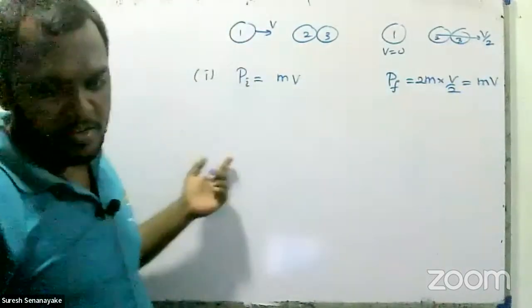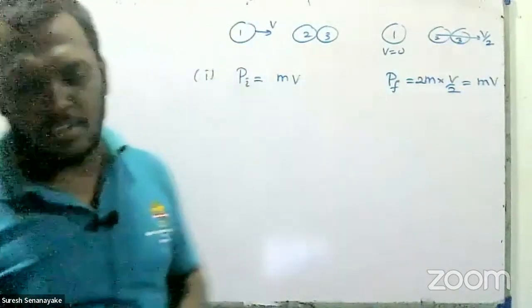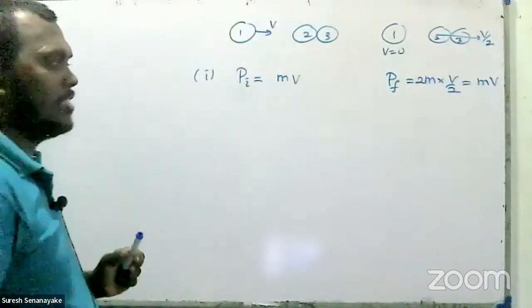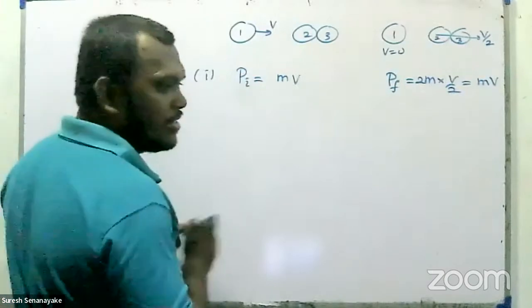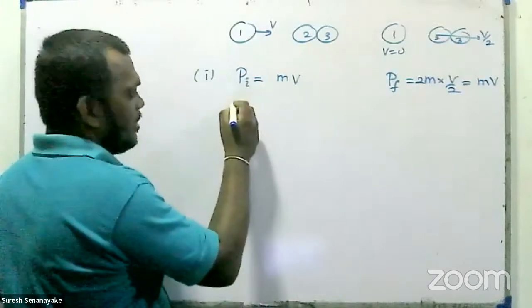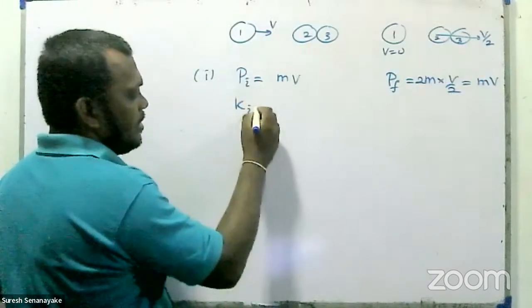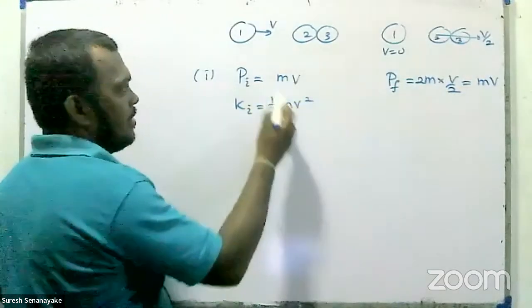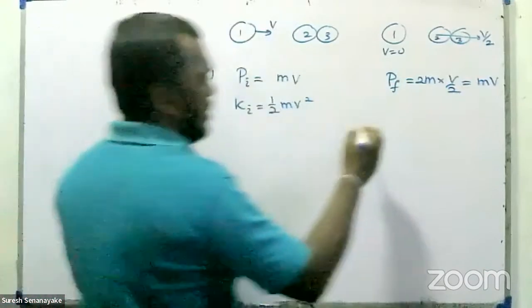The initial momentum equals the final momentum, but that is not enough. To satisfy this, kinetic energy also comes in. The initial kinetic energy is half m v squared.